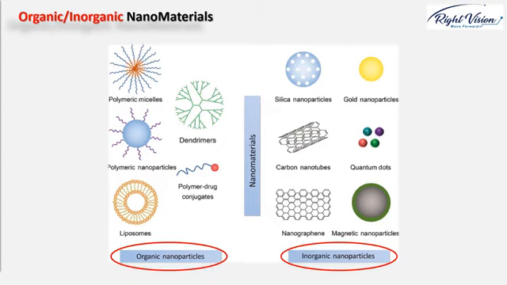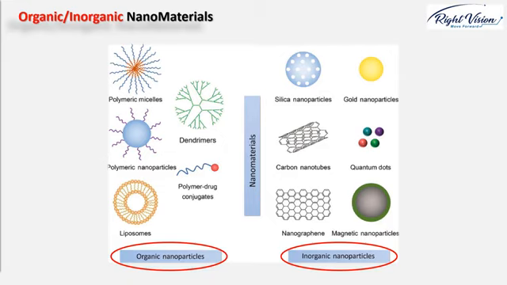These nanomaterials can be synthesized into metals such as gold or silver nanoparticles, metal oxides such as titanium oxide and zinc oxide nanoparticles, and semiconductors such as silicon and ceramics.